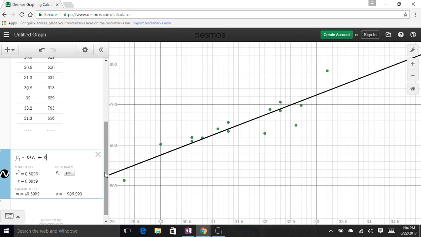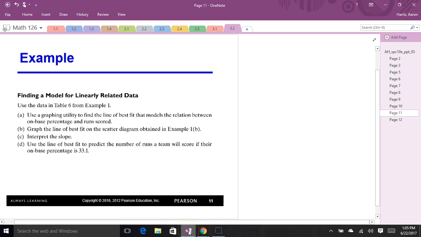And by the way, it's not a stats course. We're not too concerned about these other things, but R squared is your variance, R is your correlation. If your R, your correlation, is close to 1, it's a pretty strong model. You notice it's 0.8959. But what we're concerned with is that m is 49.3952 and the b, which is negative 906.293.